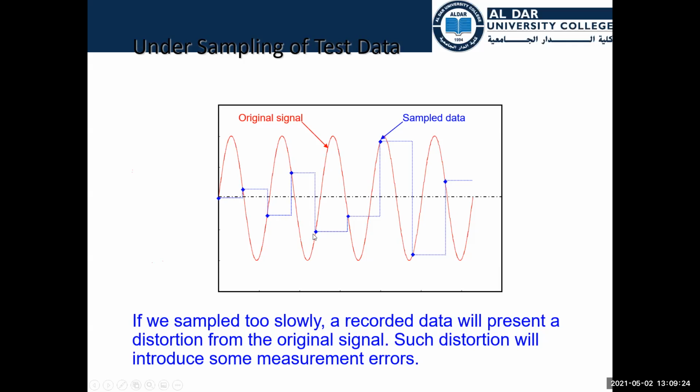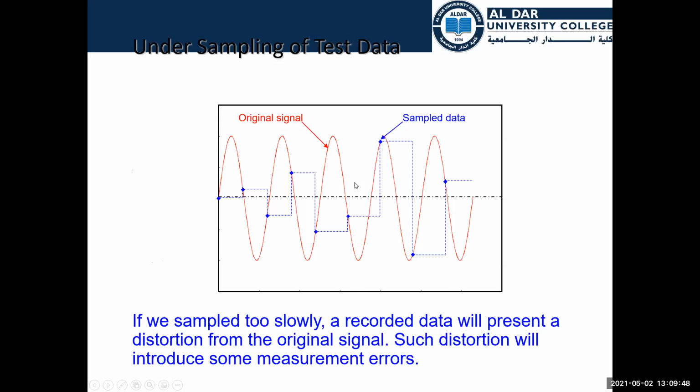They are not equal; they are two different signals. Why? Because we sample very slowly. We cannot recreate the original signal in its original shape; we are too far from it.